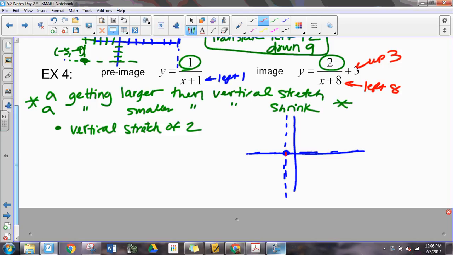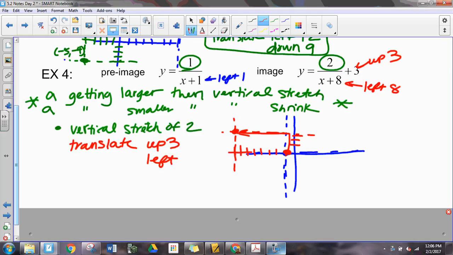So we've gone 1, 2, 3, 4, 5, 6, 7, 8, and up 3. So we need to move from this point, the blue, to the other one. So we need to go up and over. So we are going to translate up 3 and left. We're going from -1 to -8, so that would be left 7.